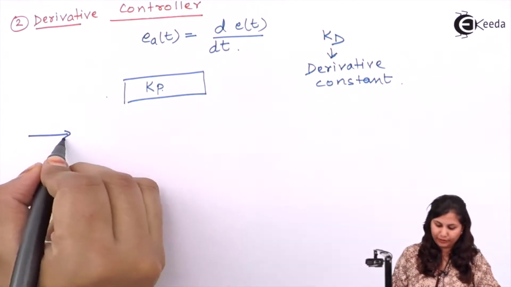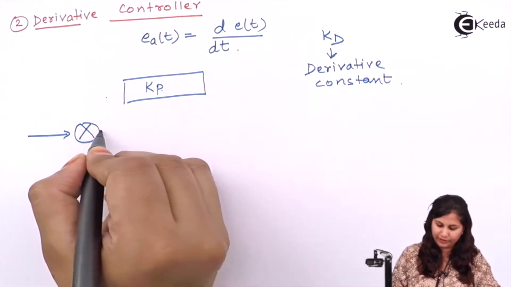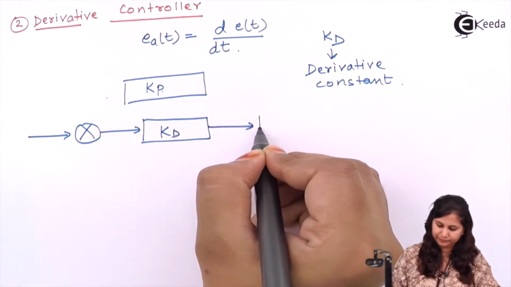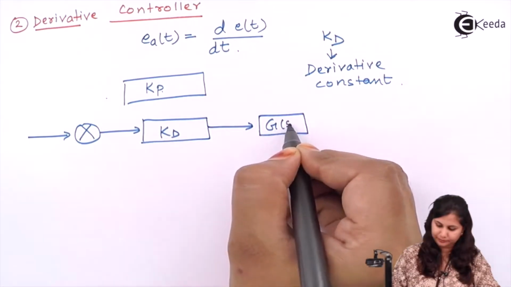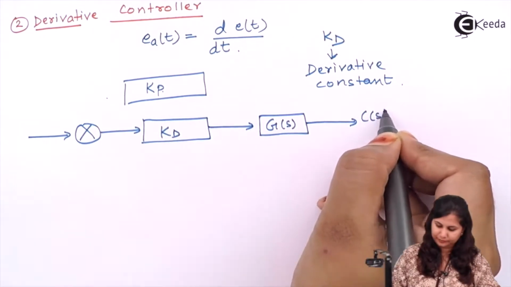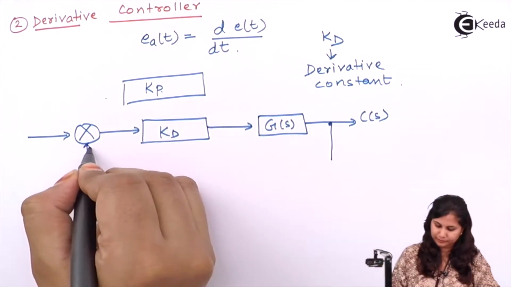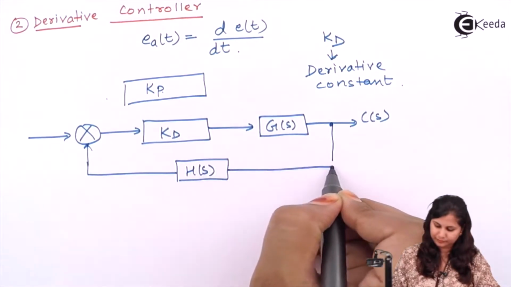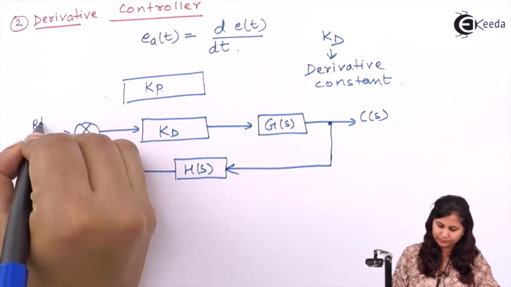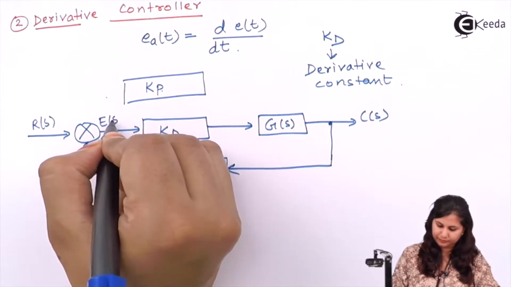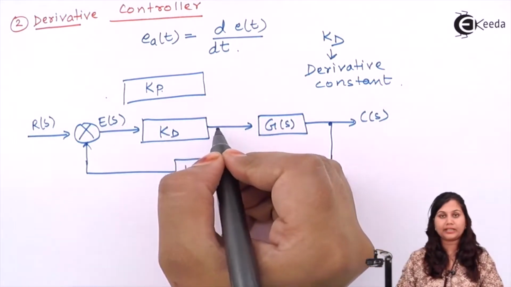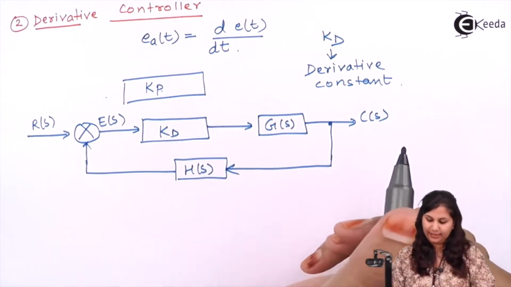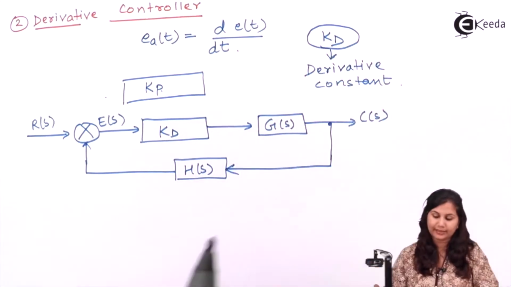If we draw the block diagram, then here we have the error detector. So the actuating signal is equal to the derivative of the error signal, and here we have the constant as Kd.